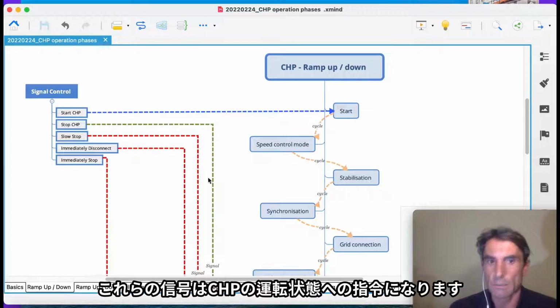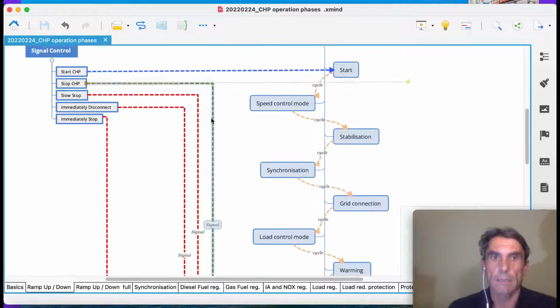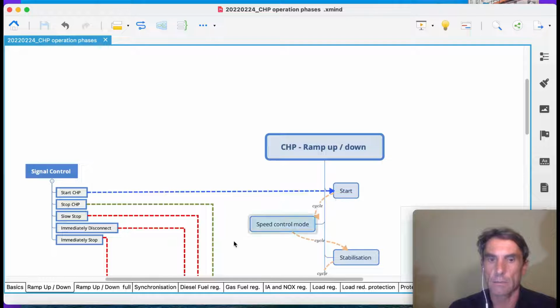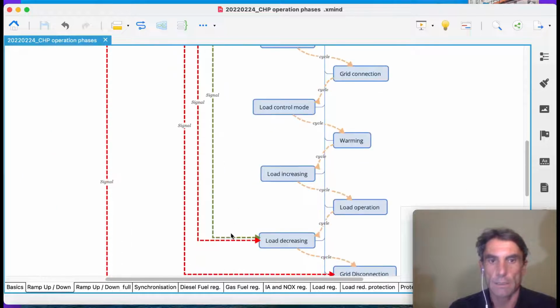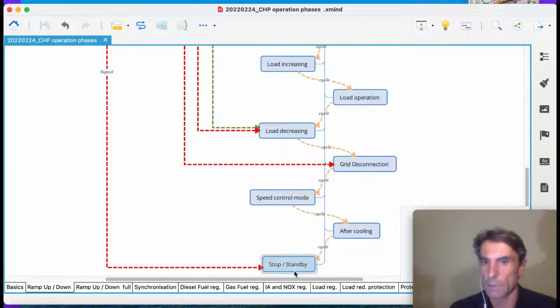These signals will interrupt the process. You can see the start signal kicks in here for the start. We also have the signals that will interrupt the process, like to stop the CHP, disconnect the CHP, or immediately stop the CHP.